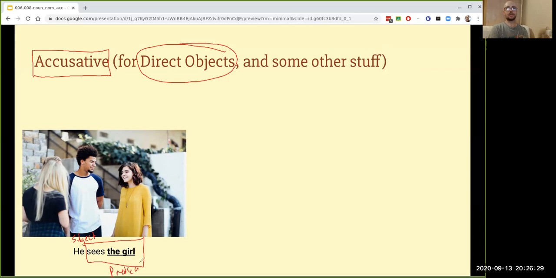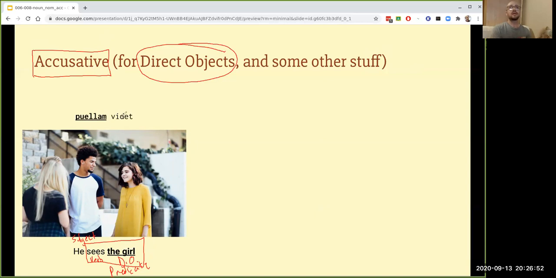This is describing the subject's action. And the girl is our direct object. Again, Latin does not require that the direct object be the element that comes right after the verb. Instead, Latin requires that the direct object be in the accusative case.